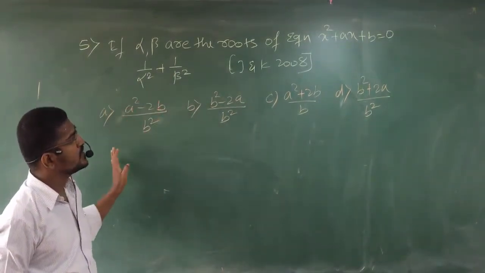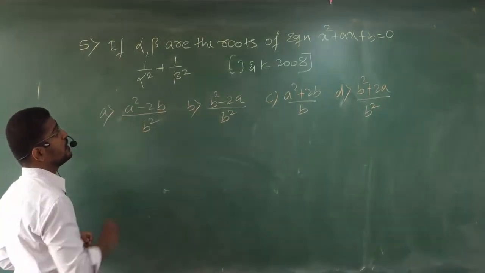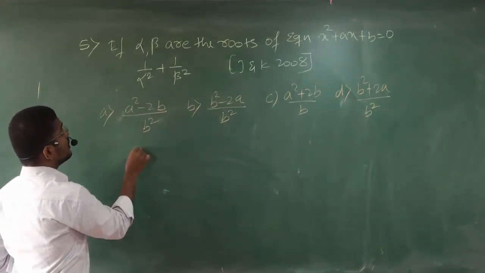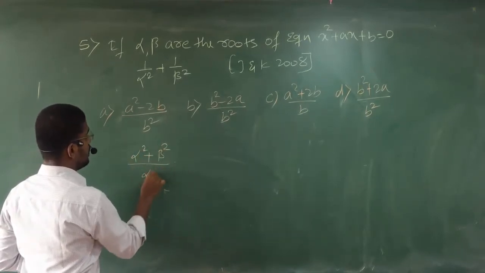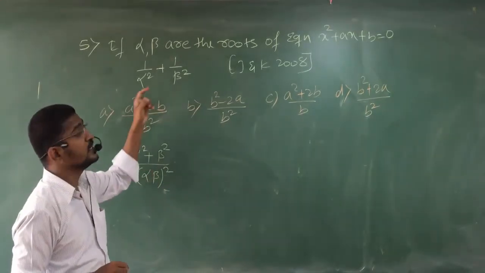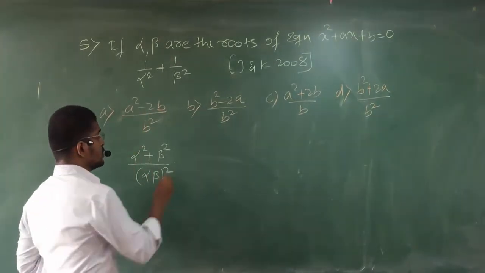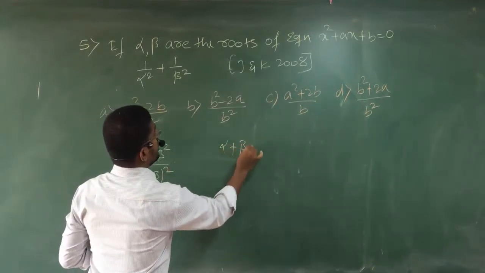So first let us solve this. The answer will be one of these, no problem. Here alpha square plus beta square divided by alpha into beta whole square you are going to have, if I simplify this. So now what is alpha plus beta?